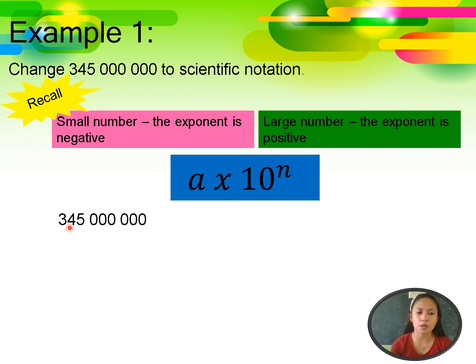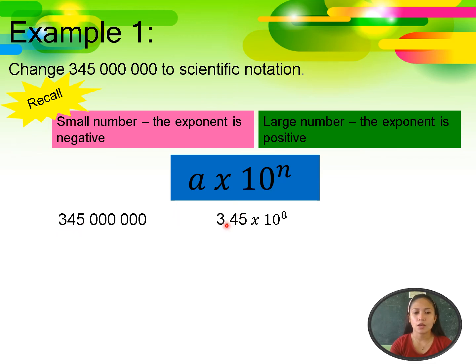So we'll stop here because we already have 3.45. Always remember that we will write only the significant digits. In this case, the significant digits here are 3, 4, and 5.